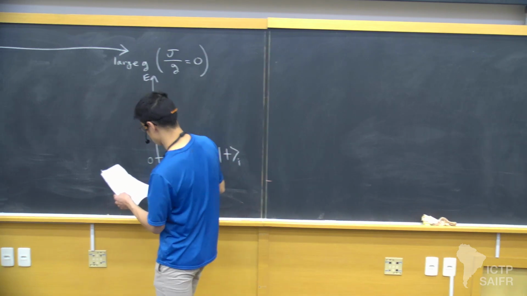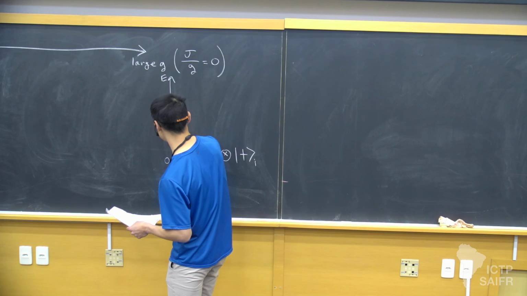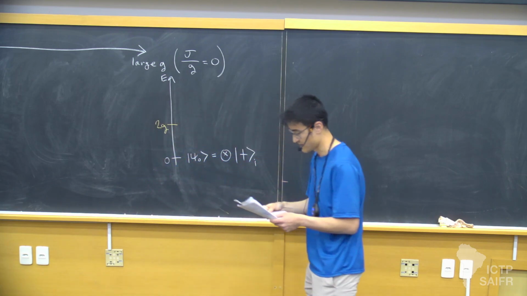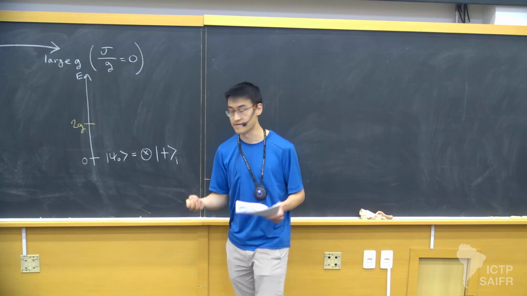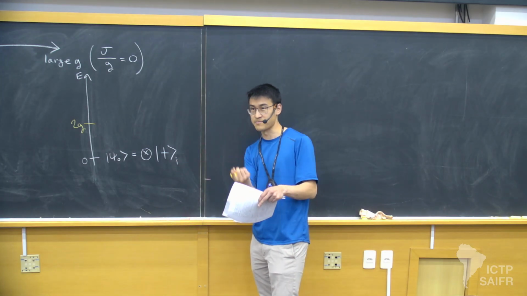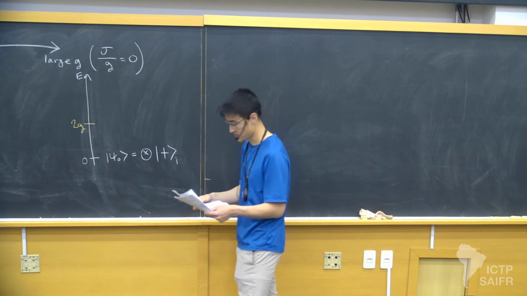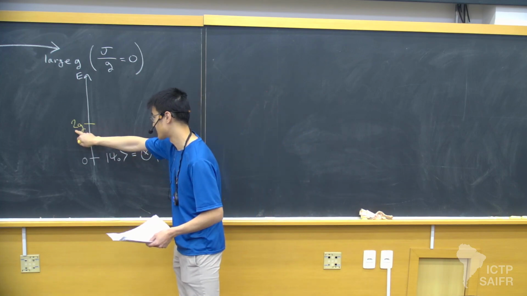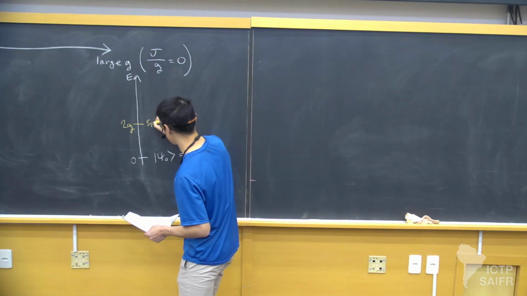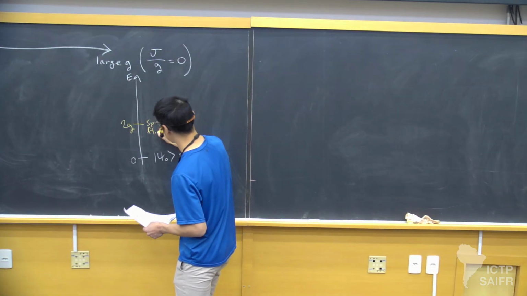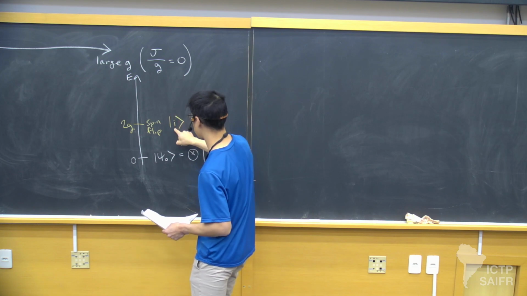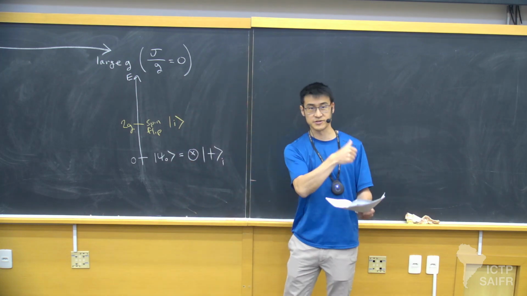So the first excited states have energy 2g, and these consist of spin flip excitations, right? So instead of everything pointing in plus x, you can have one spin point in the minus x direction. So this will cost an energy 2g, and we can label these spin flip excitations by a ket i. i here just denotes the position of the spin flip.